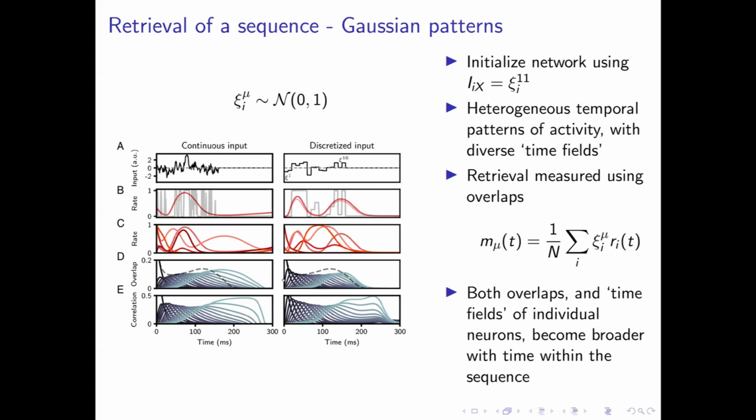Then this one decays, but it triggers the overlap with the next pattern, which rises, peaks and goes down, and so on and so forth. So you have a kind of wave. These overlaps increase one after the other before going down. And the fact that the sequence is retrieved means that at any point in the sequence, you have a high overlap with one of the patterns.